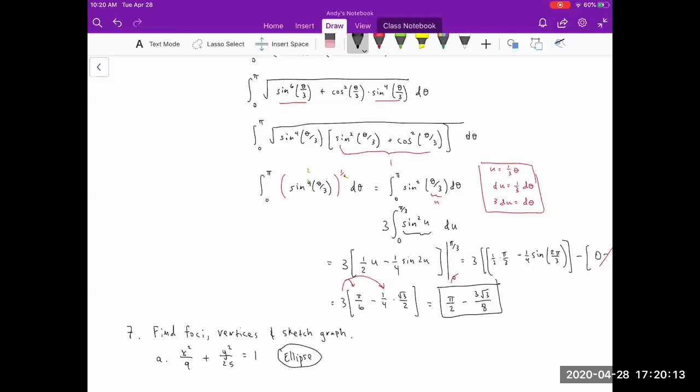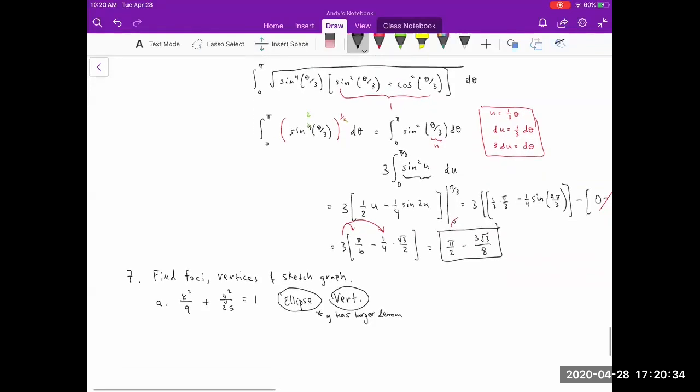Okay? The larger number is under y, so it's vertical. So y has the larger denominator. That's how I know it's vertical. A then is equal to the square root of 25, which is 5.